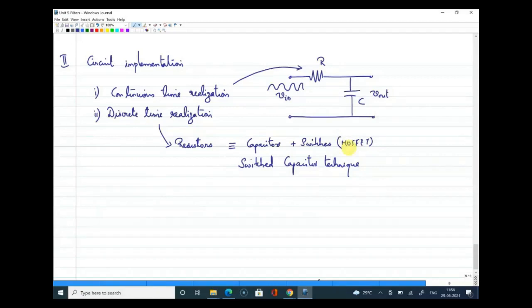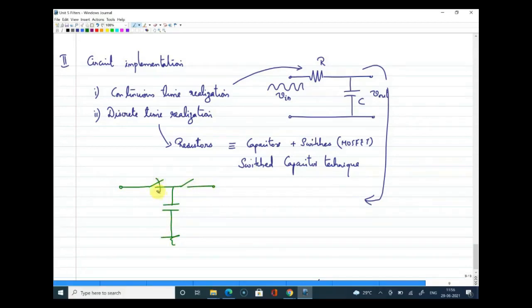So you'll be wondering what it is exactly. I can show one way we will realize this RC low pass filter in a discrete time realization. We'll not go into the details, but I'll just show the circuit diagram. So in place of the resistor, you will keep a switch and a capacitor. Again, one more switch here.